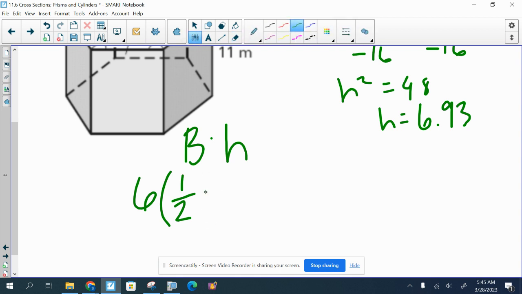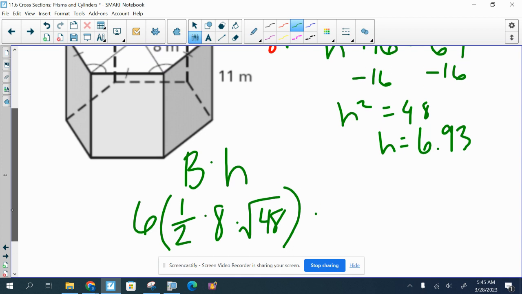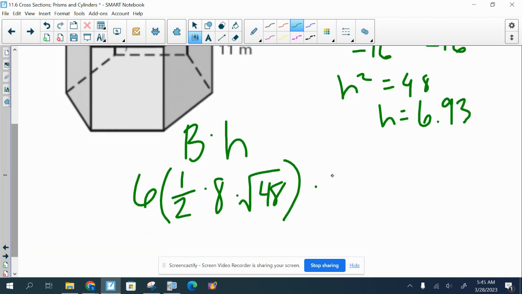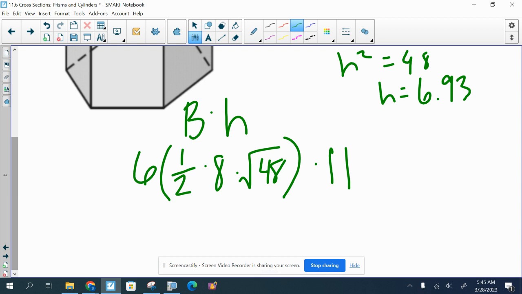So times 8 times the height, which is the 6.93. You could also just leave it as the square root of 48 and just type that exact number in. You'll get a better answer. And then times the height of the prism, which is 11. So I might simplify this a little bit. This is 4, so that's 24, because 6 times 4 is 24. Square root of 48 times 11.